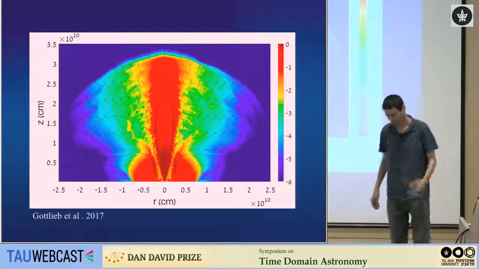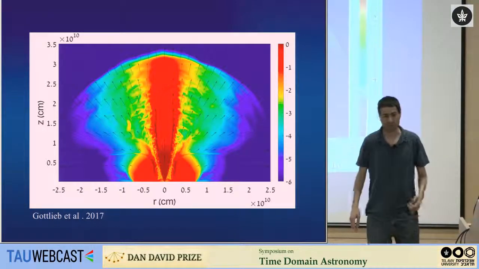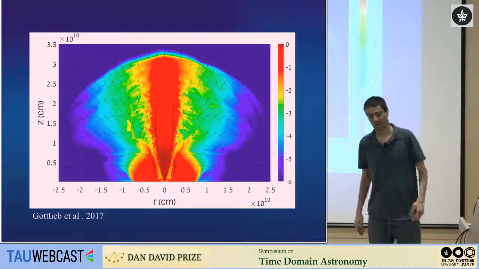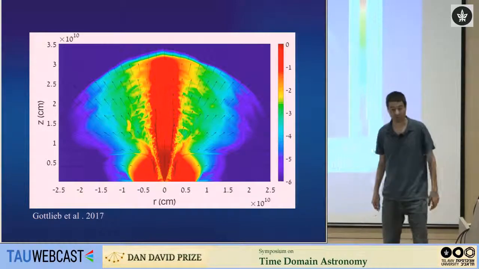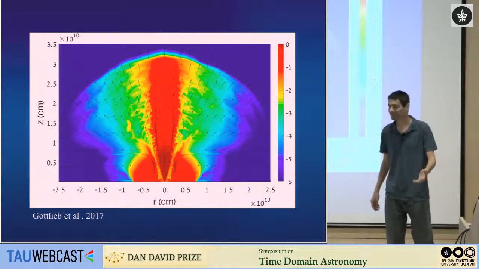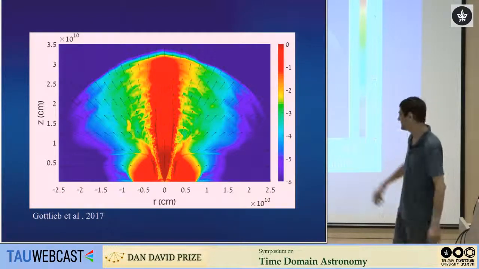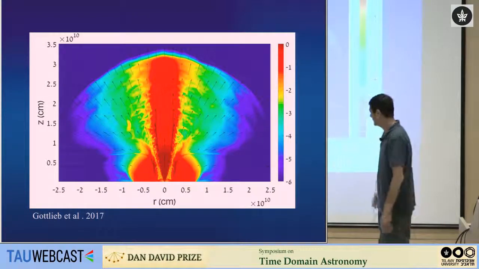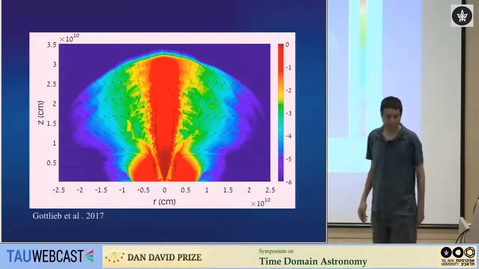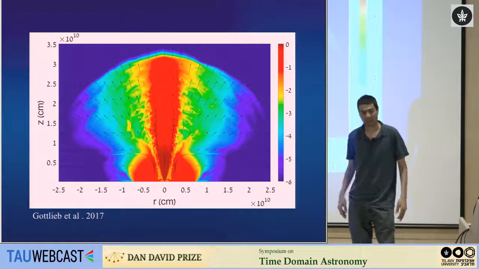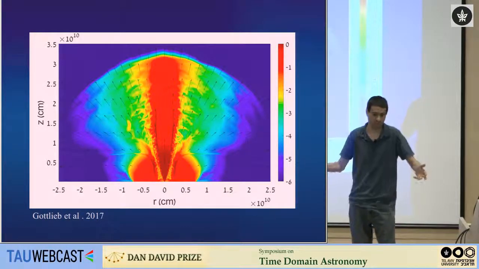It's mostly supported by differential rotation and by neutrino pressure, but this is supposed to last a fraction of a second. And then after, say, 0.1 second, in this simulation we waited about 0.1 second, it will collapse to a black hole, and then the jet will be launched.